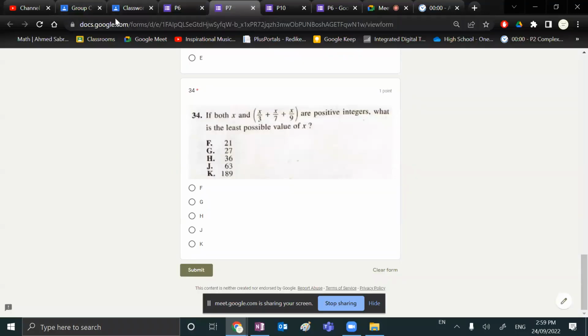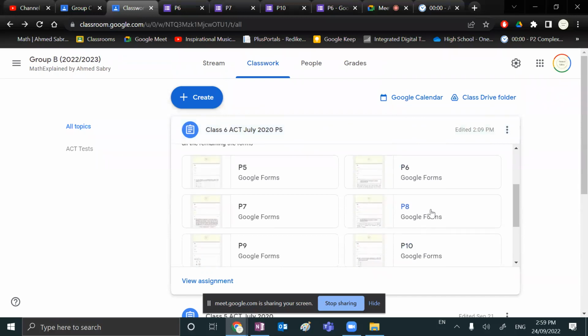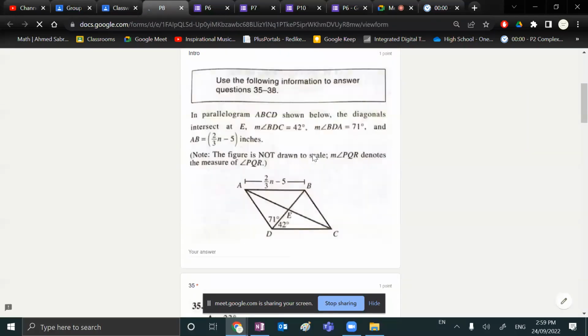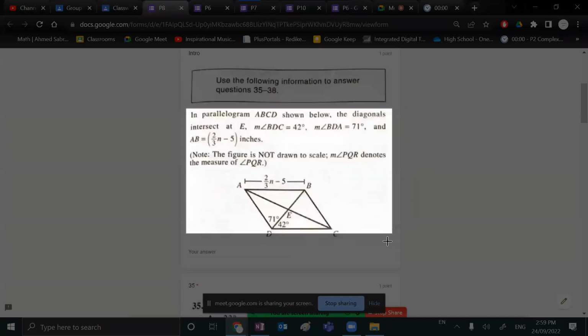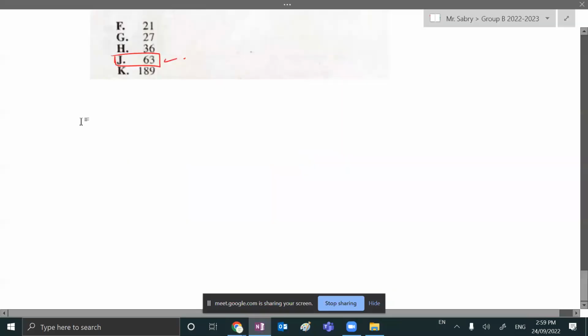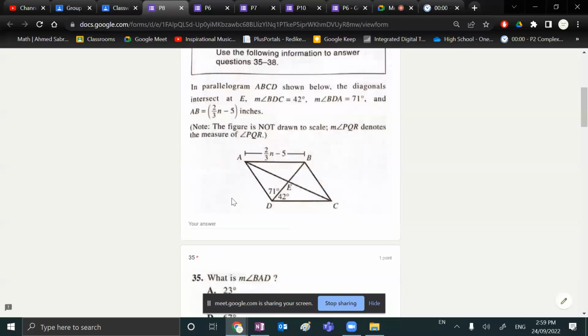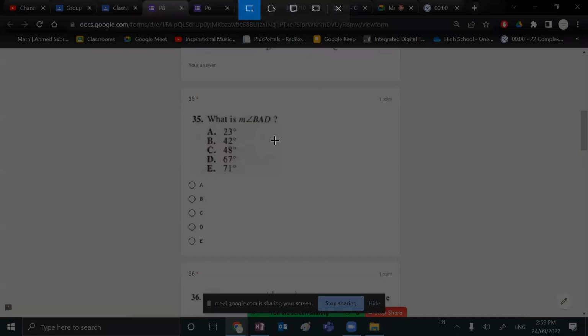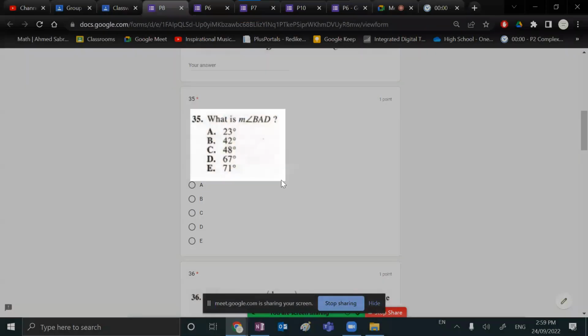Now P8. Geometry, and it's a parallelogram. We're given a few angles and sides. You're asked to find the measure of angle BAD.